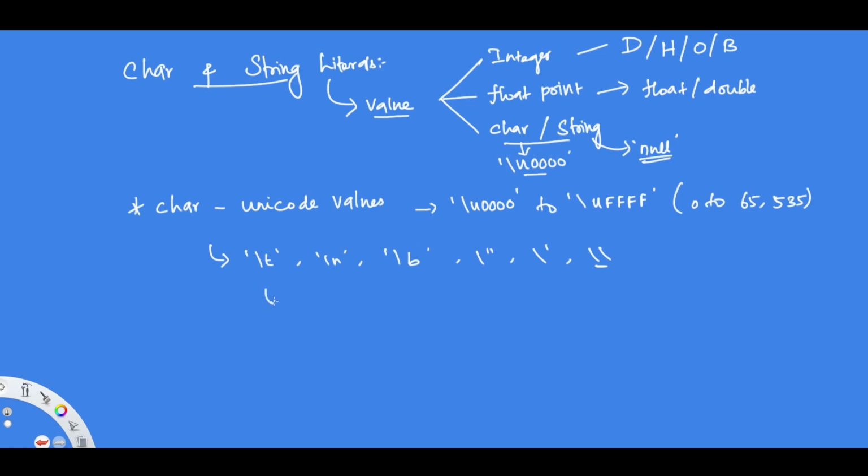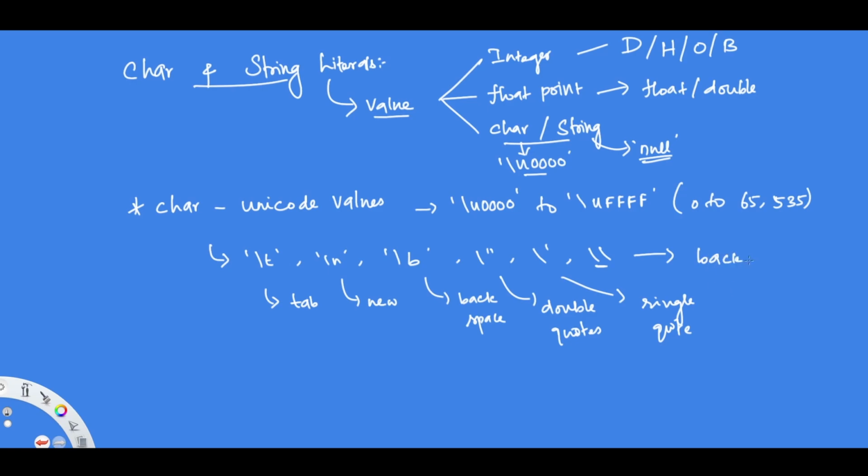The t will give you a tab space, n means new line character, b is backspace, this is double quote, \' means single quote, and this is for backslash. So these are all the literals which we are going to use for character.